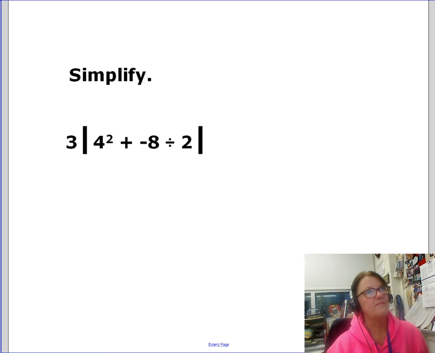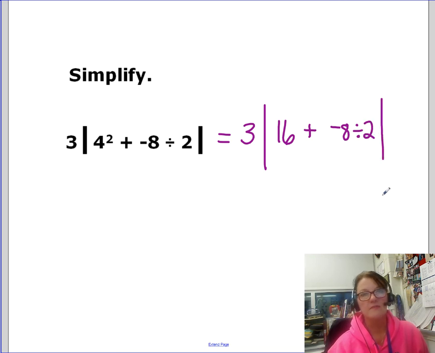Okay, here we go. Giant problem here. Notice this is an absolute value sign, but we've got all of this going on in the absolute value sign. So leave the 3 outside and let's work at what's going on in here. I have 16 because I'm going to do that exponent first, and then I have this happening. Now I don't see any other grouping symbols happening.